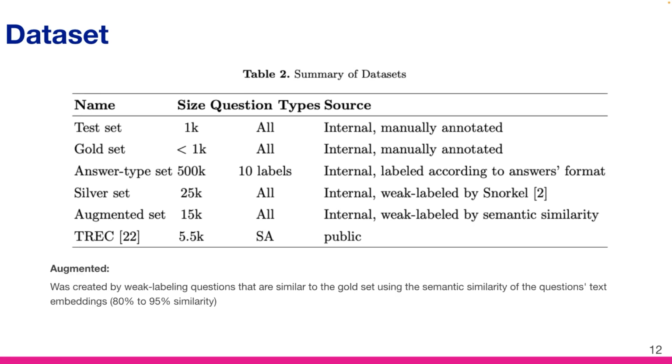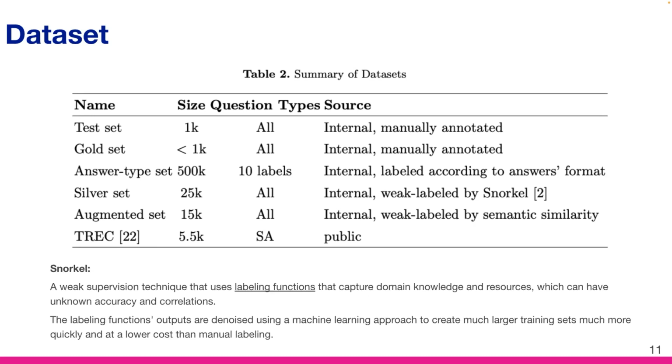If I go back to the augmented and silver sets, for creating the silver set, we used the Snorkel technique, which is a weak supervision technique that uses labeling functions. We found those labeling functions using the manual annotation.